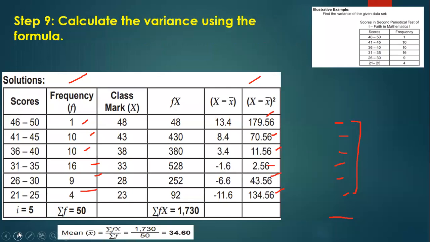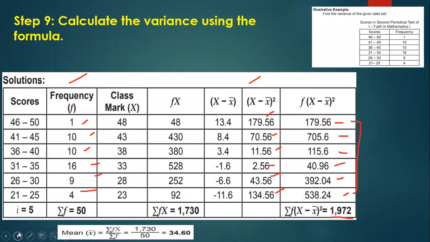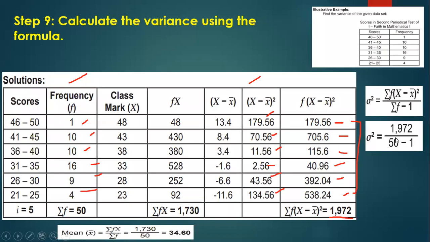Okay, step number 9, you need to calculate the variance using the formula. This is the formula for the variance on the right side. Your numerator is the total of frequency times x minus x bar squared, that is 1972. Your denominator is the sum of your frequency, that is 50, minus 1. So 1972 over 50 minus 1, which is 49.